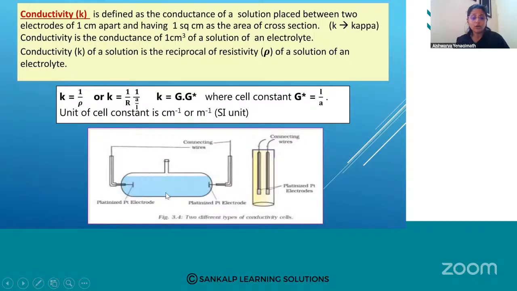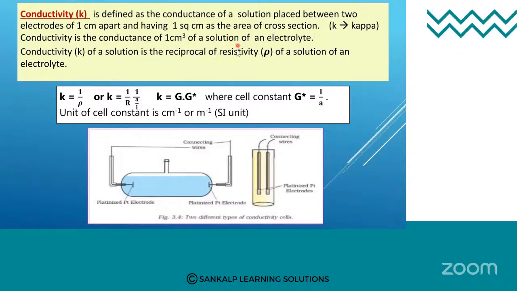We arrange both the electrodes in such a way that the distance between the two electrodes, this distance, is taken as L. Then this will be the glass tube.